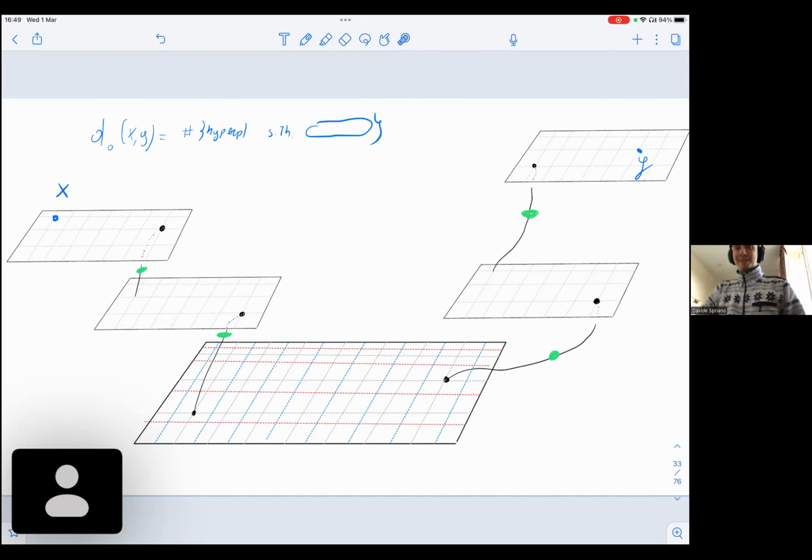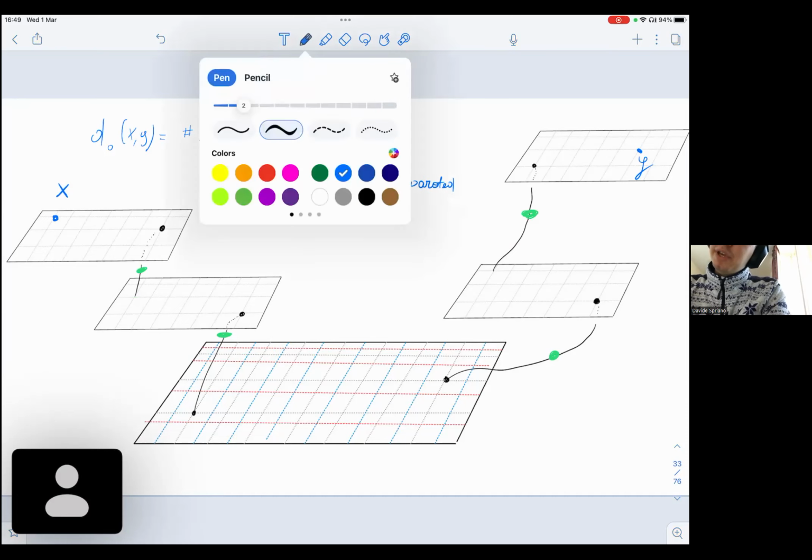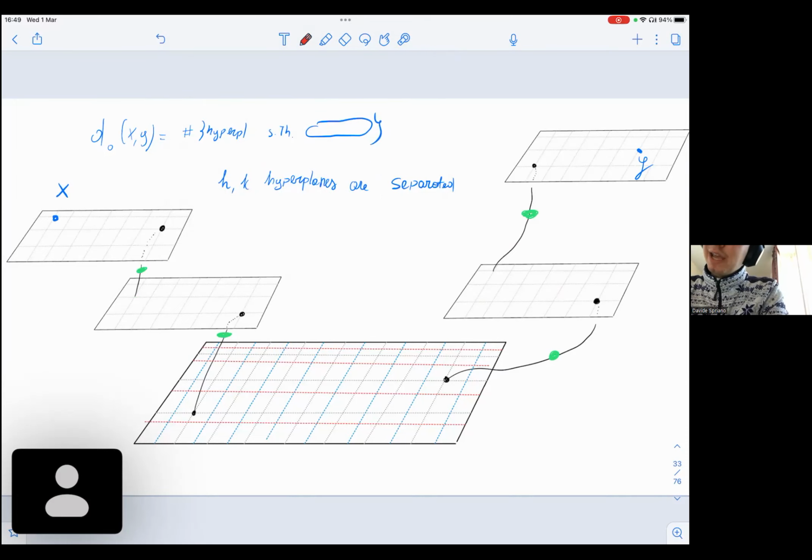The solution to this is the following. You need to introduce the concept of separation. I say that two hyperplanes, H and K, are separated, or to be consistent with notation that we'll arrive at later, 0-separated.